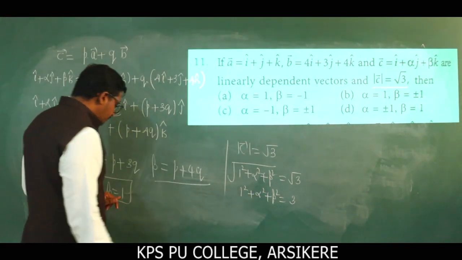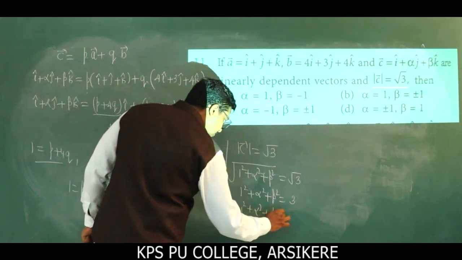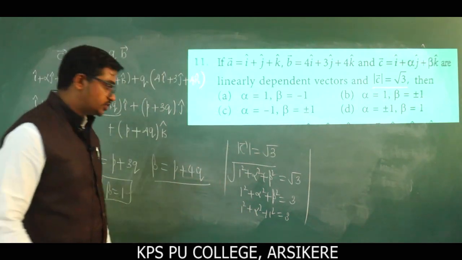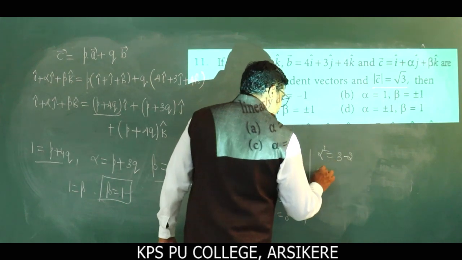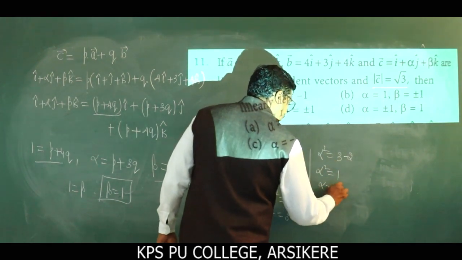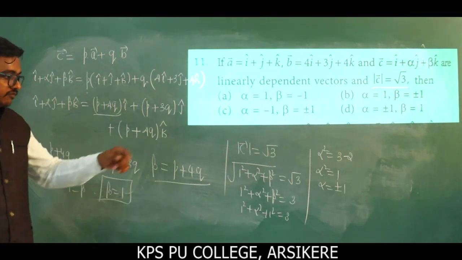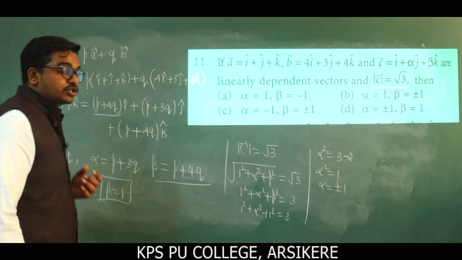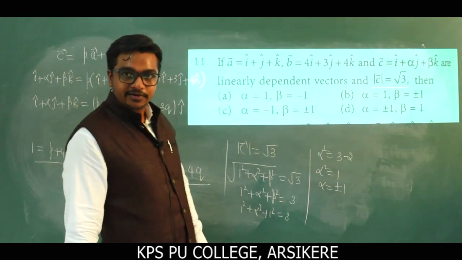Beta is equal to 1, as already found. So this becomes 1 squared plus alpha squared plus 1 squared is equal to 3. 1 squared is 1, and 1 plus 1 is 2. So alpha squared is equal to 3 minus 2, alpha squared is equal to 1, and alpha is equal to plus or minus 1. This is our answer. Therefore alpha is equal to plus or minus 1 and beta is equal to 1. Option D is the right answer.